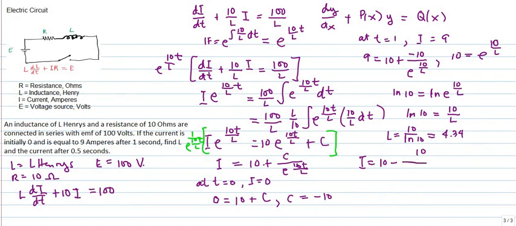So we have here e raised to 10 times time. Our time is 0.5 seconds, so 10 times 0.5, all over L. Our L is 4.34.